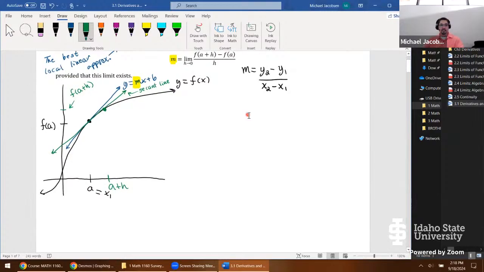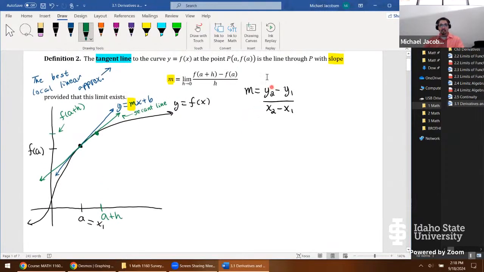So let me find the right level of zoom. Let's start putting in values. One thing that's kind of tricky about the slope formula is we have y2 and y1, but those are actually the function values here. Let me say this in a better way. Sorry for folks working in pen.